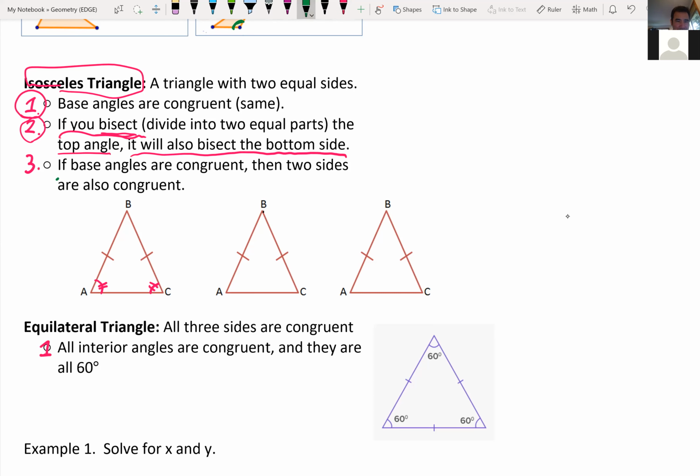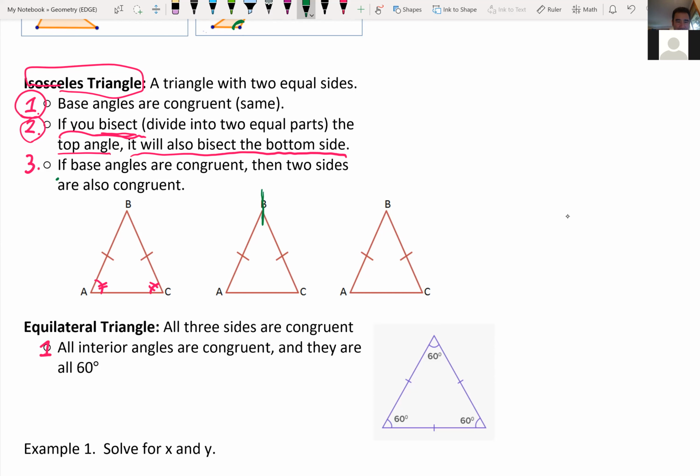So I'm going to do this. If I bisect the top angle, which is this one right here, B, just imagine Mr. Takara swinging the samurai sword, right? And then I'm going to chop it right in half.